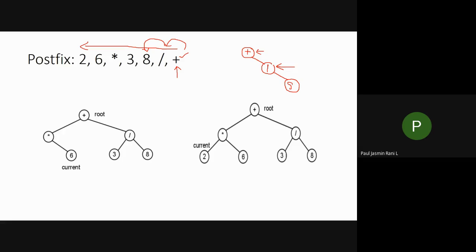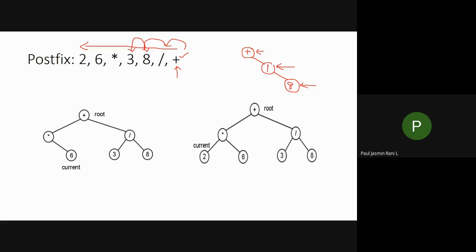After connecting this 8, I have to go for the next character. The next character from 8 is 3. I am in the current node, I am here at 8, isn't it? 8 happens to be an operand, and we already know that an operand should be a leaf node. Leaf node means you should not have any branches. So from this 8 node, I cannot have left or right branches. Here the node is terminated, isn't it?